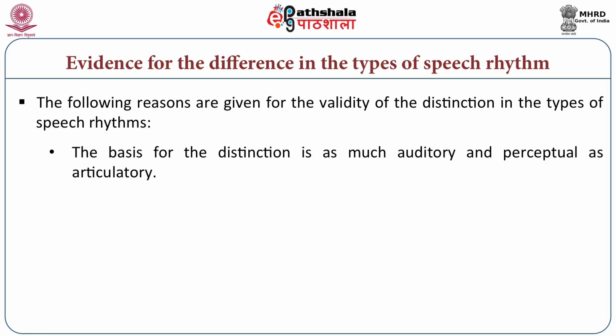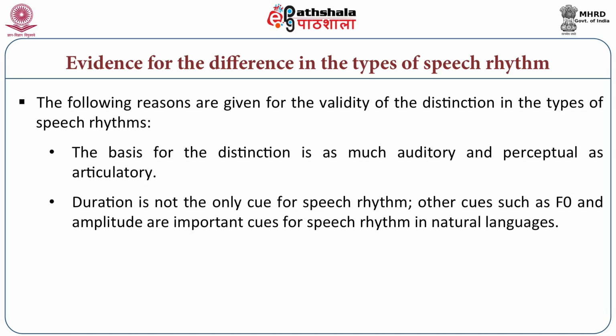Most studies have focused on articulatory differences in the past, but as we conduct perceptual studies, we find that there is evidence for the difference in the two types of speech rhythm. Secondly, duration is not the only cue. There are other cues which have not been investigated in detail, such as amplitude, for example, which can be found to play an important role in the rhythm of syllable time language.